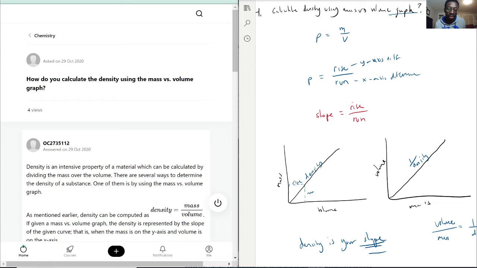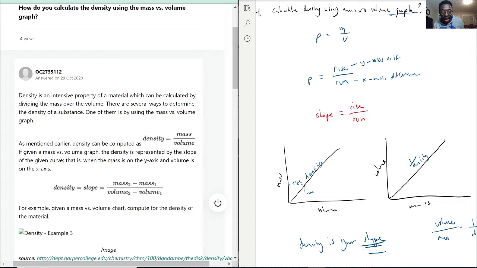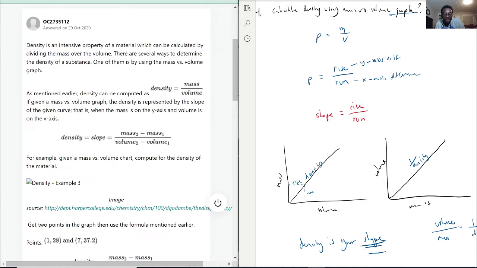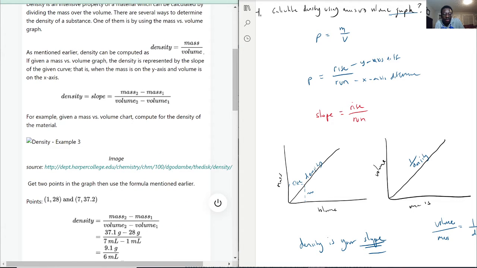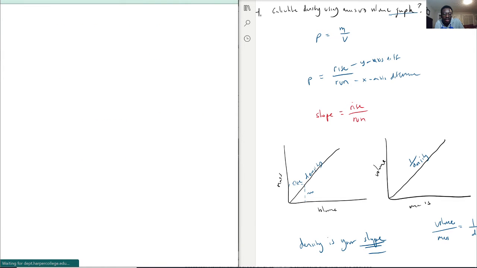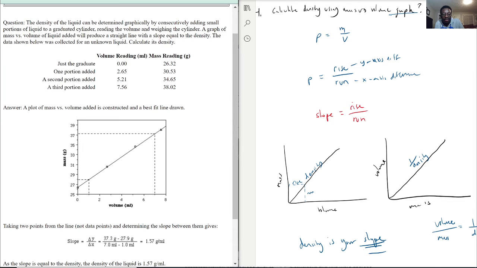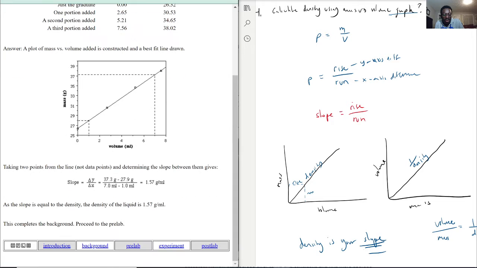So with that being said, density is mass over volume, and exactly slope, rise over run, mass 2 minus mass 1 over volume 2 minus volume 1. And then they actually provide a graph as well if you wanted to see that. So as we click on this link, oh, I see. We might have to go back, hopefully you can take it back. But so exactly, you see here, they have mass on the y-axis, volume on the x-axis, and then the calculated slope gave them their density.